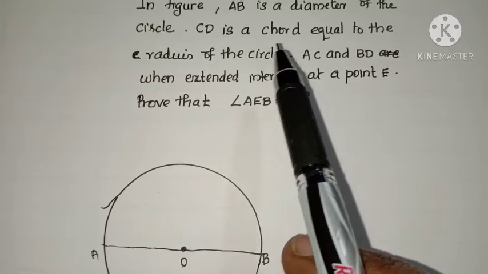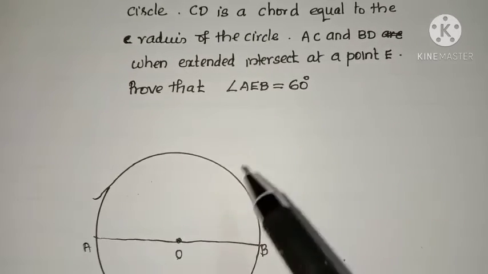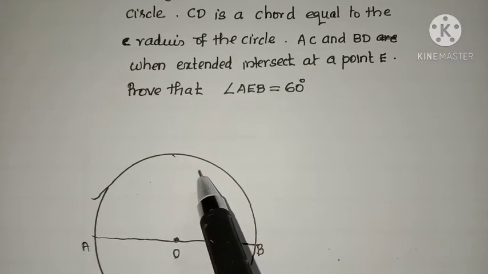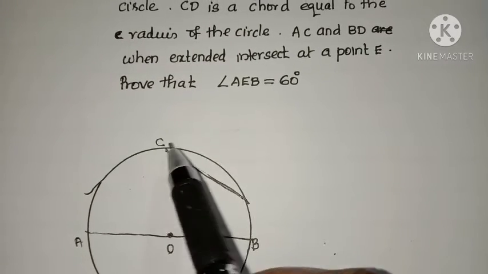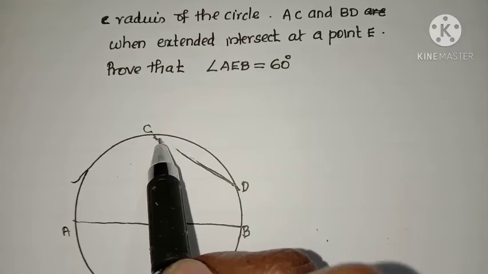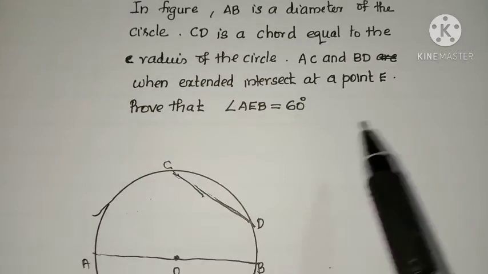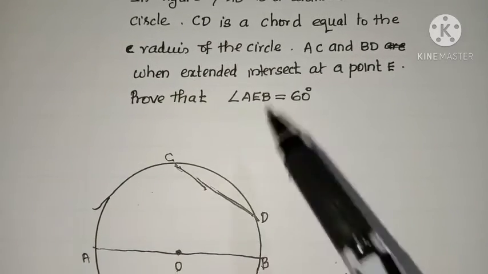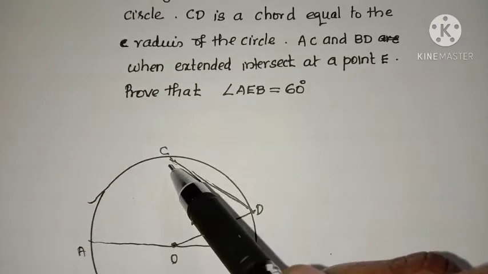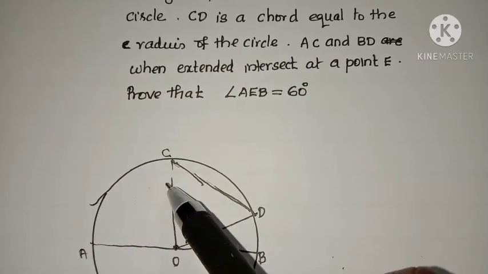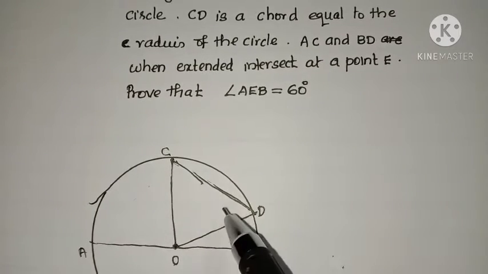Now CD is a chord. So draw a chord CD. This is the chord CD. CD is a chord which is equal to the radius of the circle. So if we join OD and OC, OD and OC are radii of the circle.